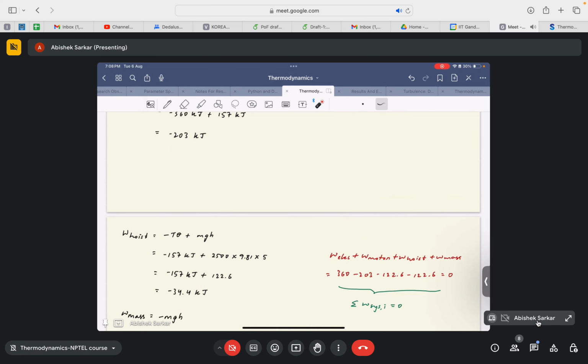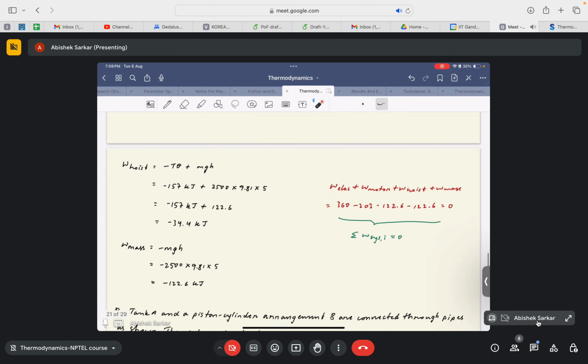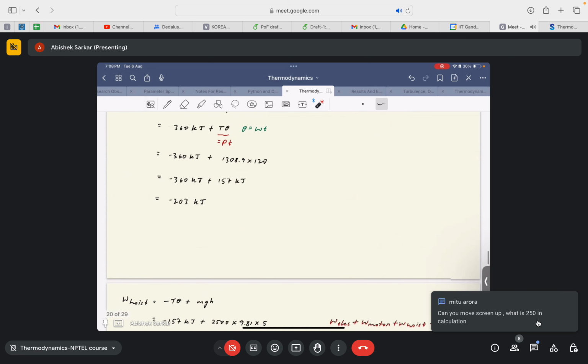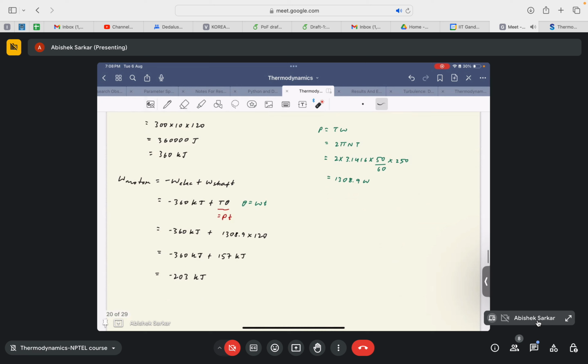Okay, so the work done by the hoist mechanism. Again, what is 250 in the calculation? Hoist work calculation.